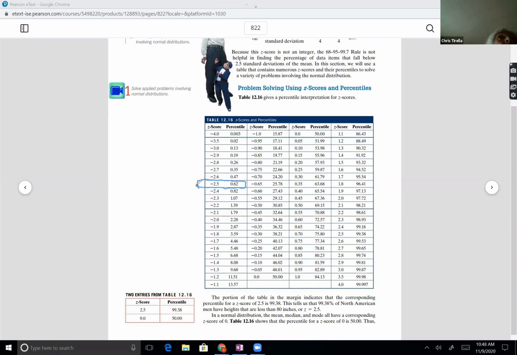So he was shorter than, that's even below 1%. As opposed to if we look at that 6-foot tall woman who had that z-score of 2, you see she's at the 97.72 percentile. So she's taller than 97.72% of women.